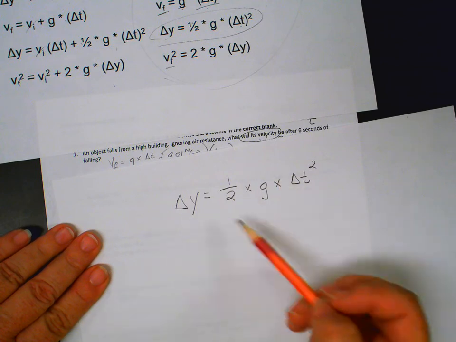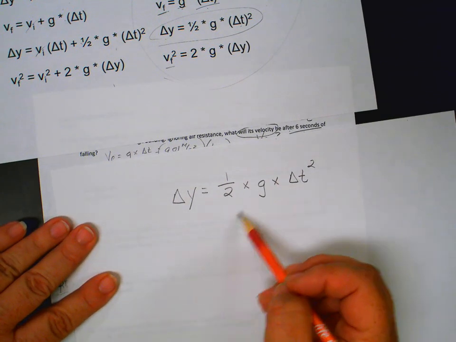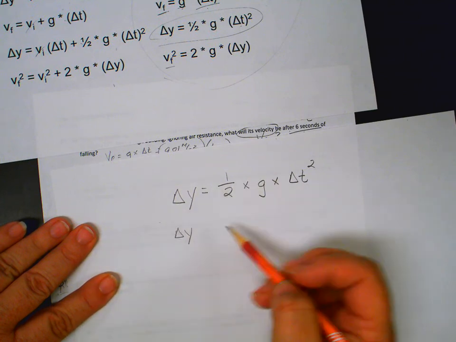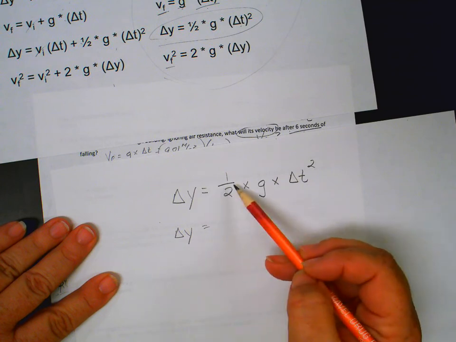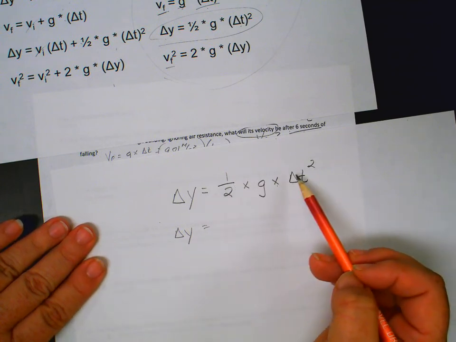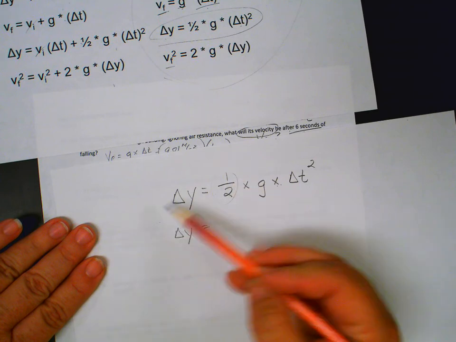So we're just going to rearrange this equation. So you're going to get everything but time over to this side. So delta Y, you're dividing by 2 on this side, so you're going to multiply each side by 2 to get this part over here.